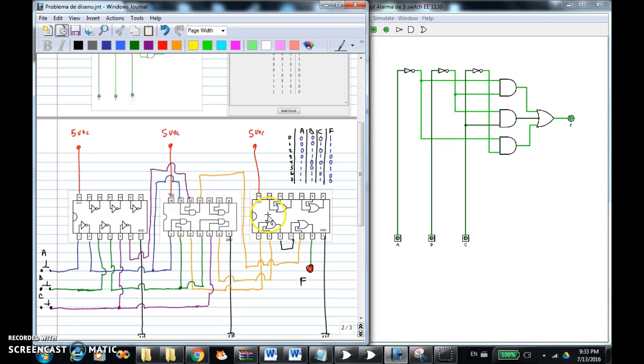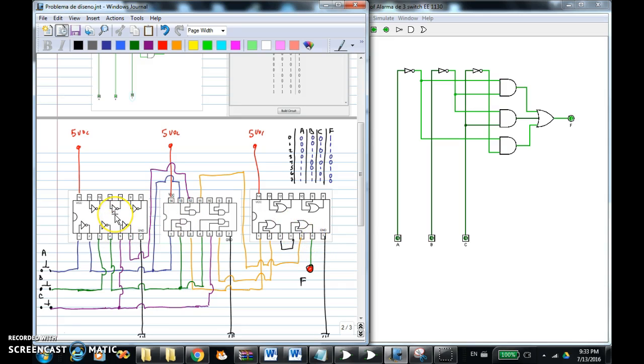And the last one is the 7432, quad 2-input OR gate, right? Together, in that particular position, they are required to create sum of product.